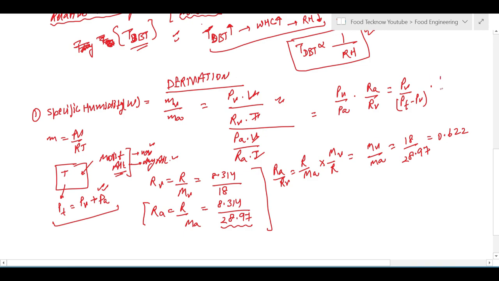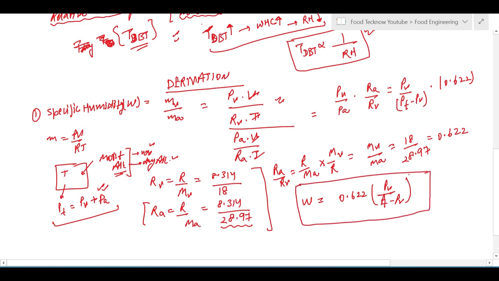Okay, so we can write 0.622 in the brackets. So the final formula that we get here is the specific humidity is equal to 0.622 into PV divided by PT minus PV. So this is the formula and you have to remember this formula well.